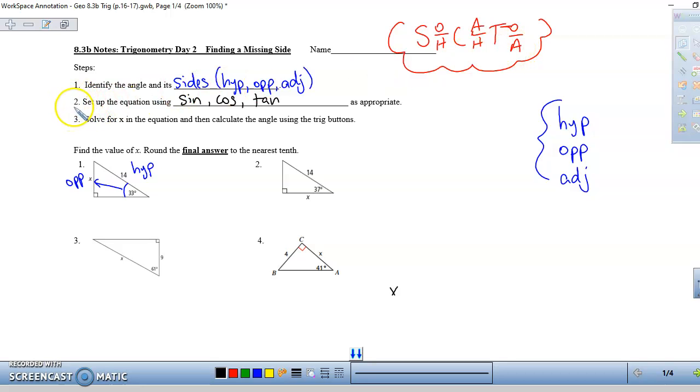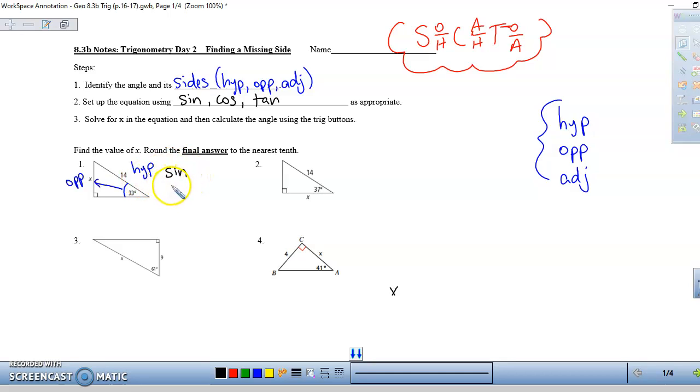So this second step here, I'm going to look at what I have labeled, and I have opposite and hypotenuse labeled. So what that means is opposite hypotenuse is sine. So I'm going to pick sine. Okay, opposite hypotenuse, I pick sine.